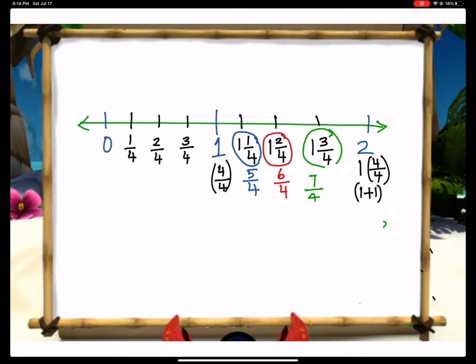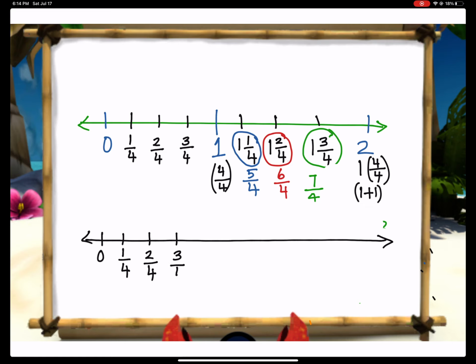Okay, so let me write the same number line again. So this is 0, 1 by 4 goes here, 2 by 4 goes here, 3 by 4 goes here, and then 1. Can you see this one?